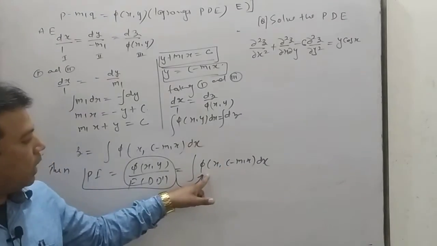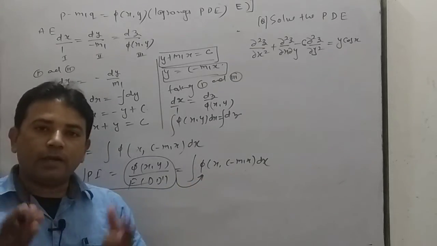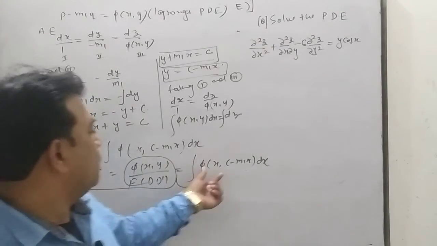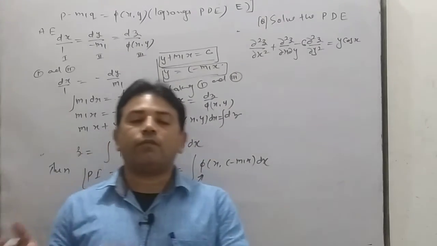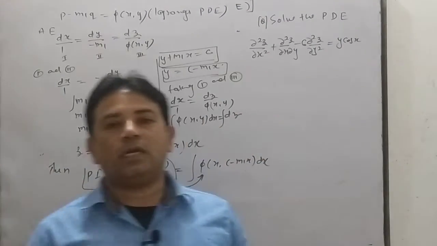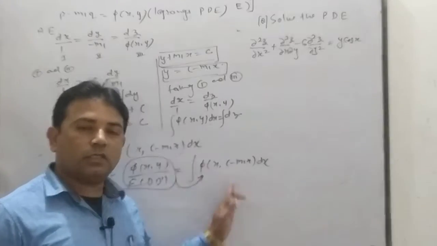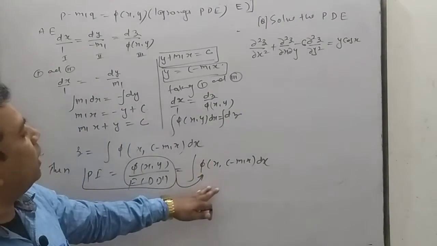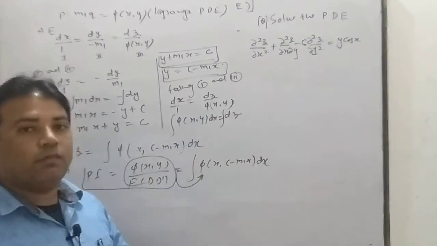This is the standard form of the PI, and you can find the PI of any function. If two variables x and y are given, we change y in terms of x, then integrate with respect to x, and you get the value. This is the basic concept of finding the PI of any function.